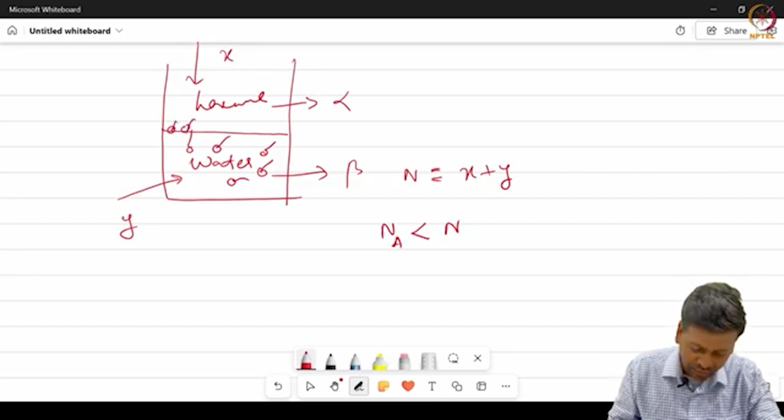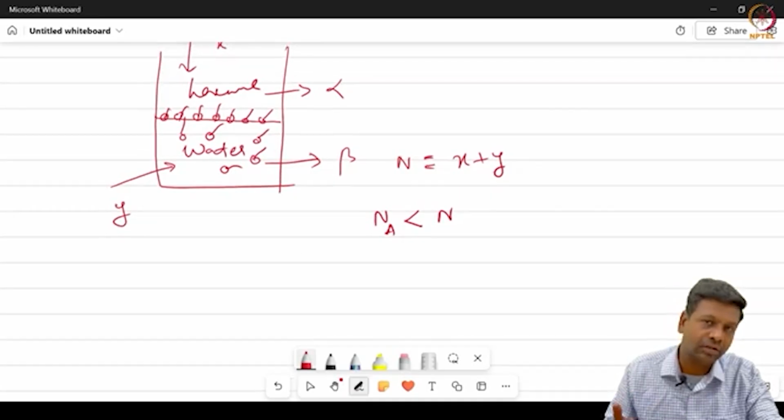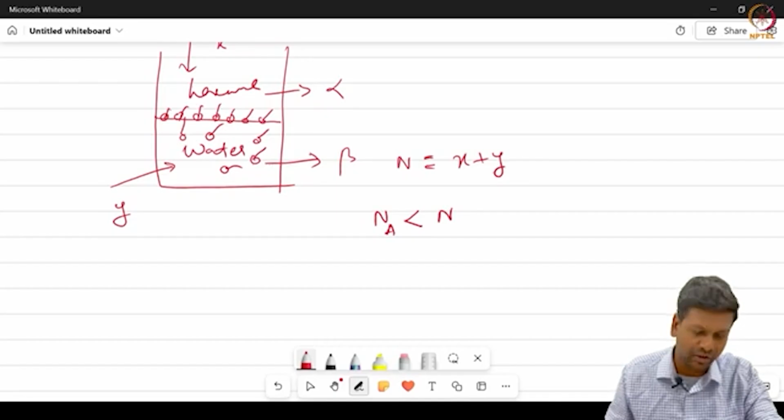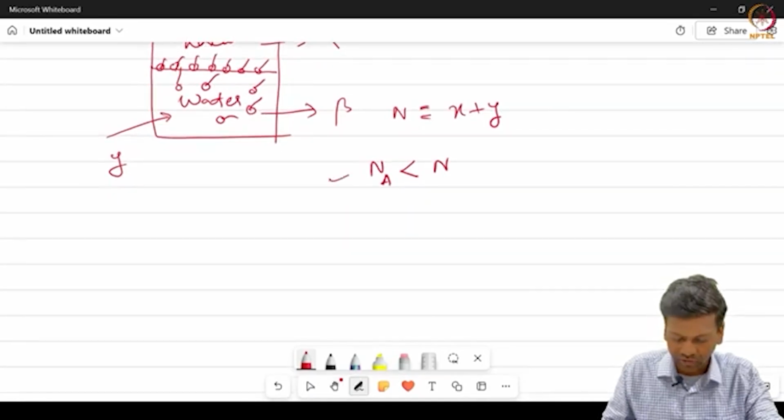When they get absorbed, some of them are not available for the measurement. Since some of them have gone to the interface, when you make the measurement in the bulk, they will not be available for the measurement.